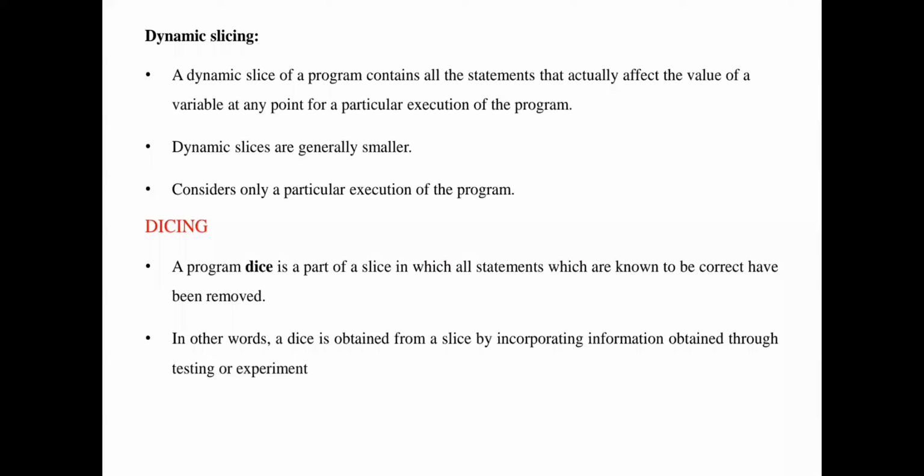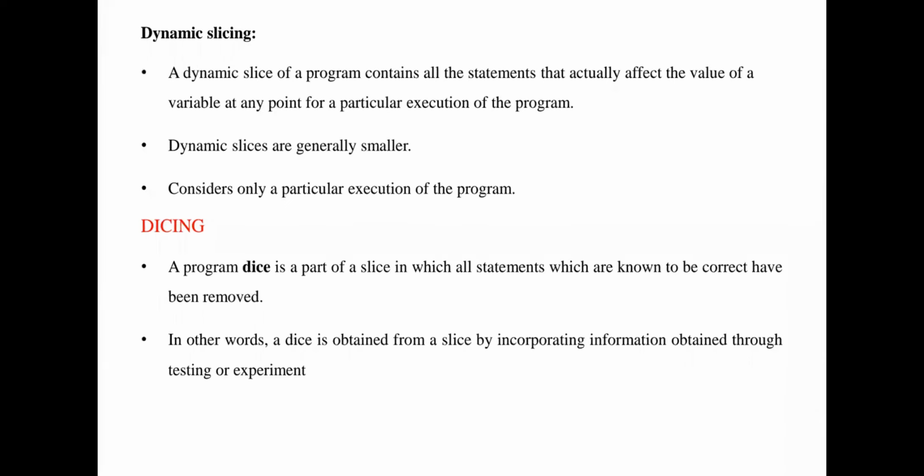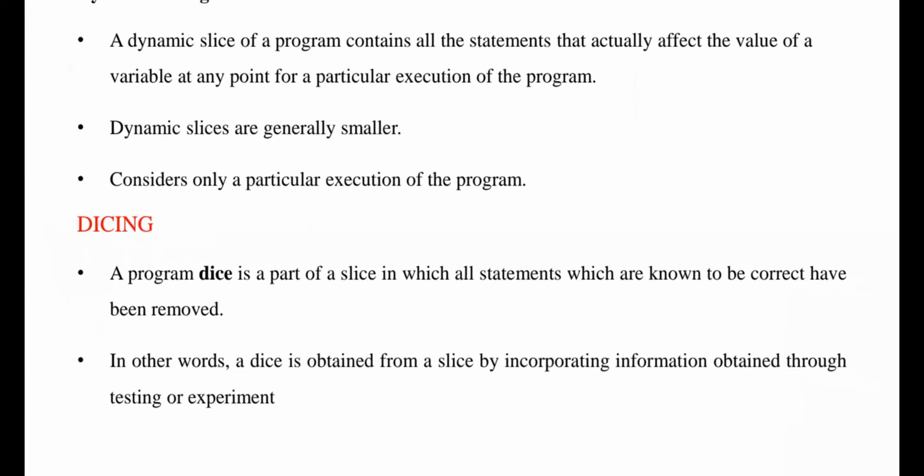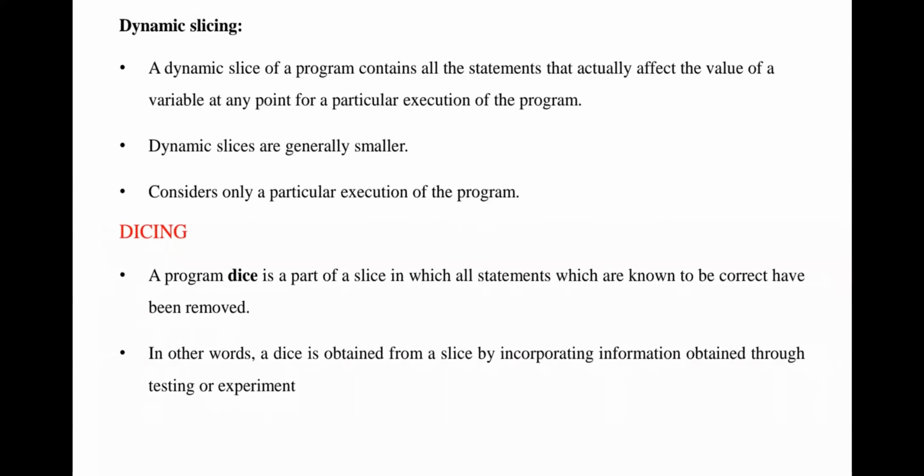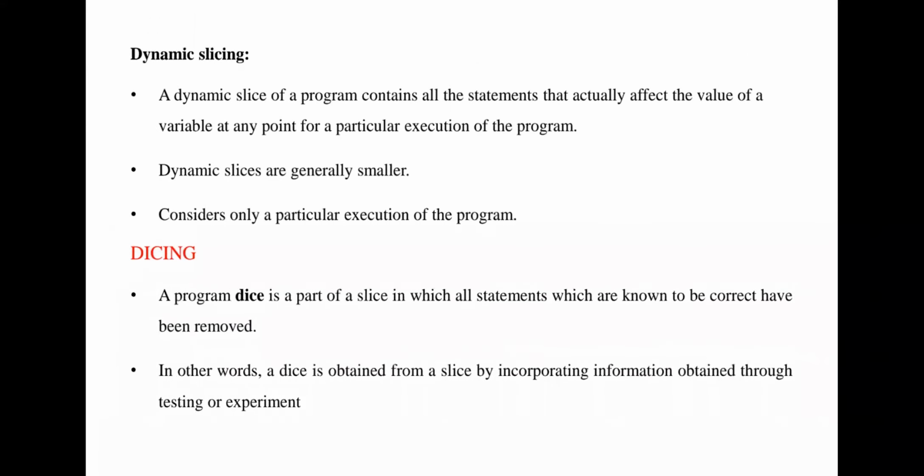So this removes all the correct statements. In other words, a dice is obtained from a slice by incorporating information obtained from a test or experiment. Generally, after performing a test or experiment, the dice will be done on the sliced program. This is about slice and dice.